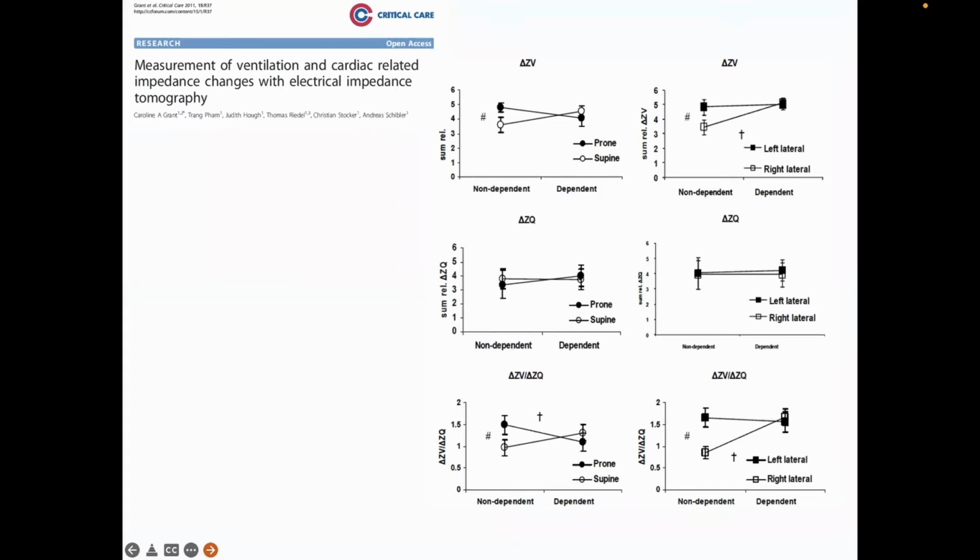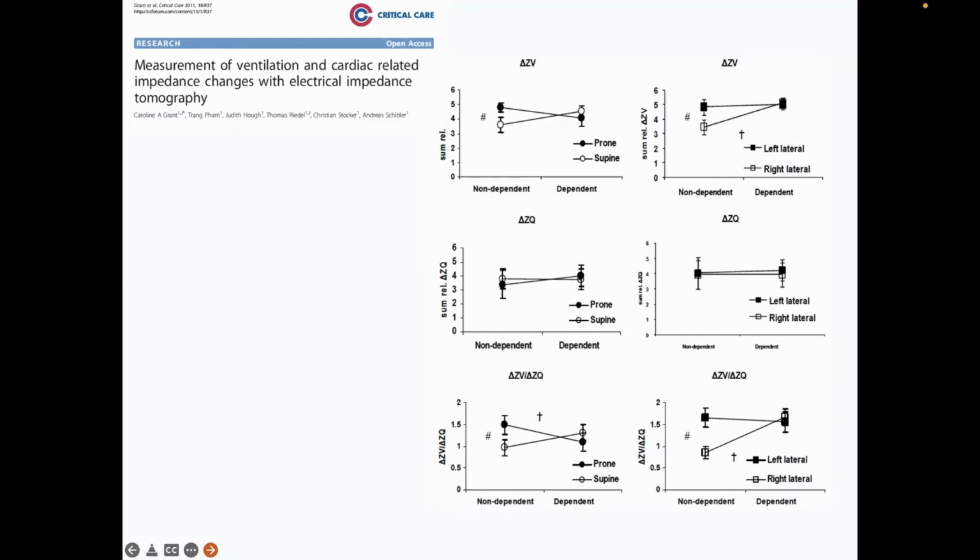What happens with the perfusion is the middle two panels, and the VQ match is the lower panel. And we placed healthy subjects in prone and in supine. Now you can see that ventilation, again, like before, goes into the dependent more likely than into the non-dependent part of the lung.